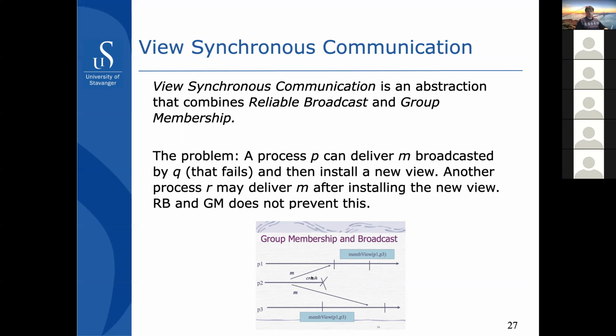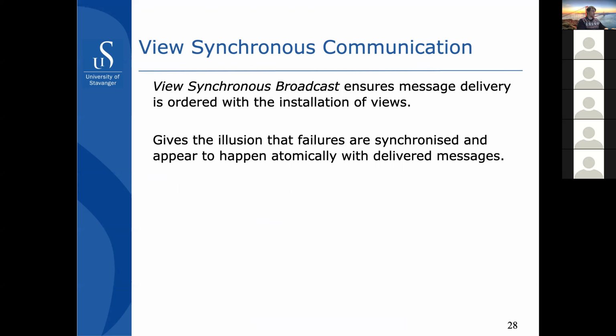So the problem is depicted here, that one process delivers the message and afterwards installs the view, whilst process 3 first installs the view and then delivers the message. So that's that.